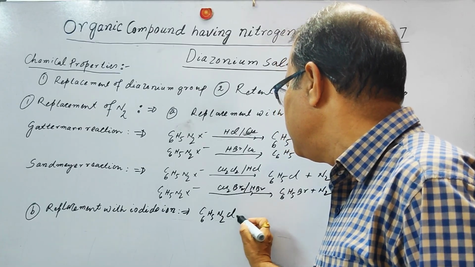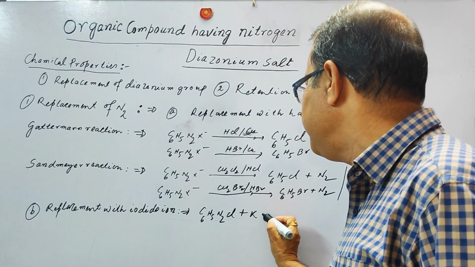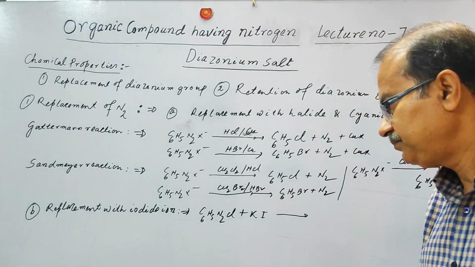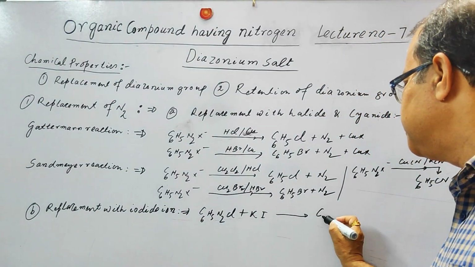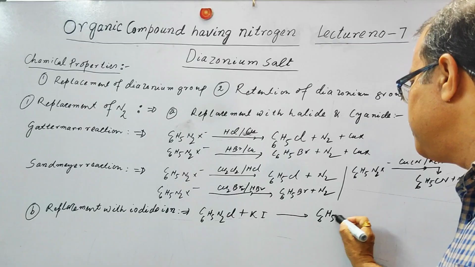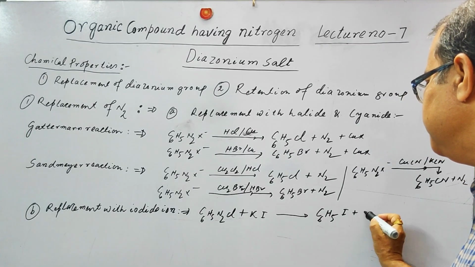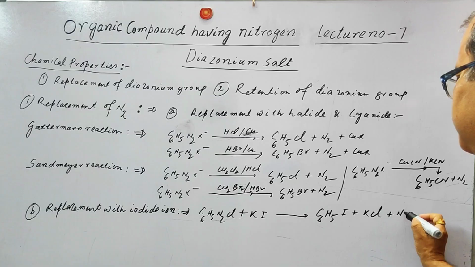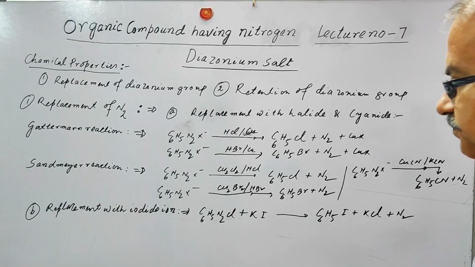C6H5N2Cl, when it is heated with potassium iodide, is going to produce iodobenzene.